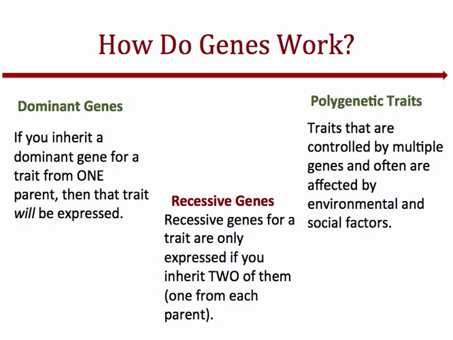These are traits that are controlled by multiple genes and are often, again, affected by environmental and social factors. That is, some genes will be inactive and some will be active, and part of the reason that these genes will become activated has to do with certain environmental exposures.